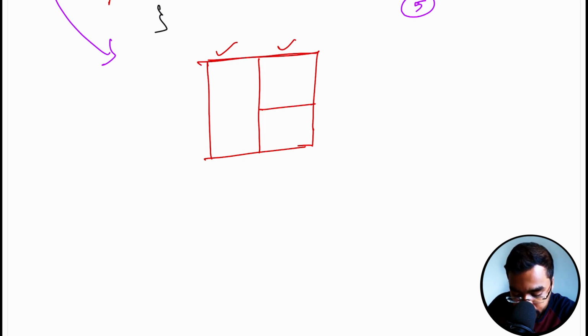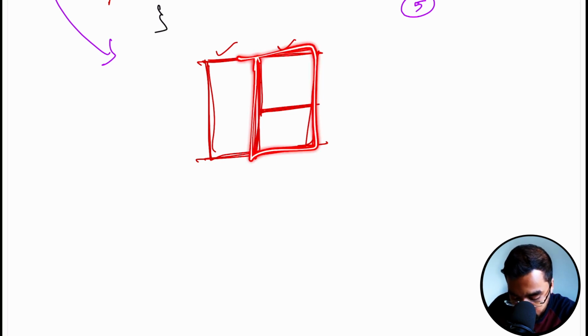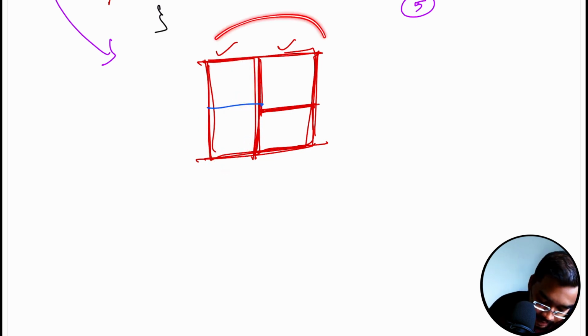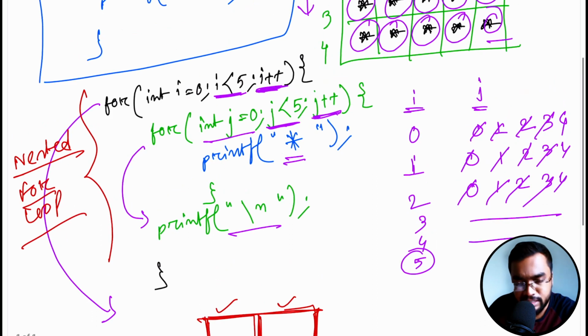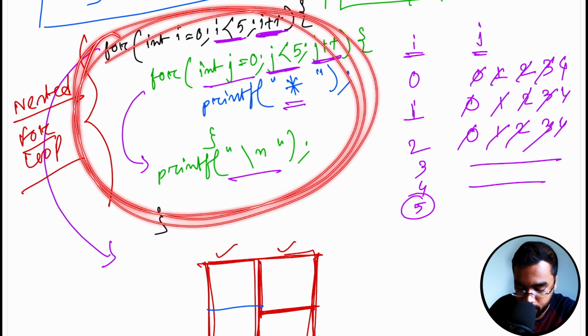Inside this bigger room, there are two more rooms, and if I break it down again, inside this room there are two rooms, this one and this one. So inside a room, if we have another room, that is called nesting. Just an example. That's why this is called a nested for loop.